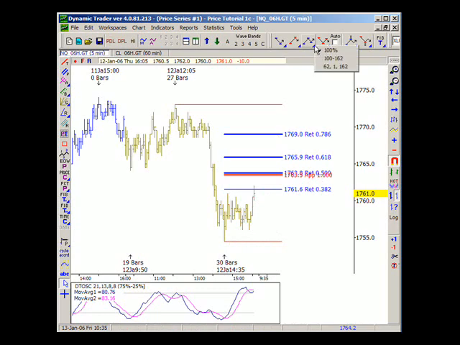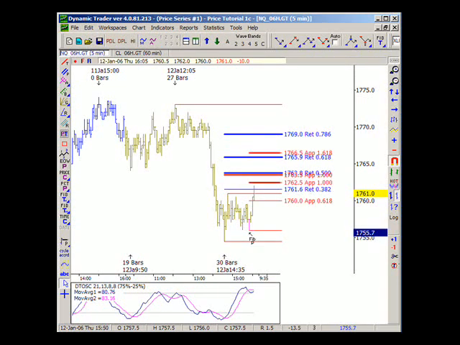So let's also do our internal alternate price projections. So I'm going to measure from this first little rally and project the 62, 100, 162.